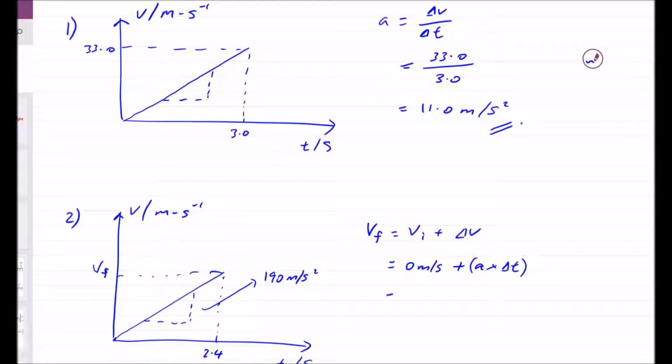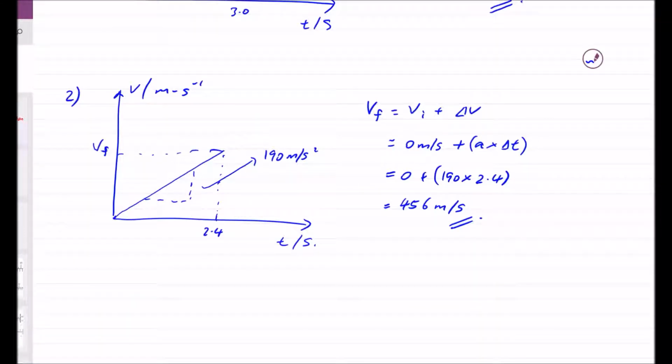So this is simply 0 plus 190 times 2.4 seconds. If you punch this into the calculator, you'll get 456 meters per second. So the final velocity is 456 meters per second.